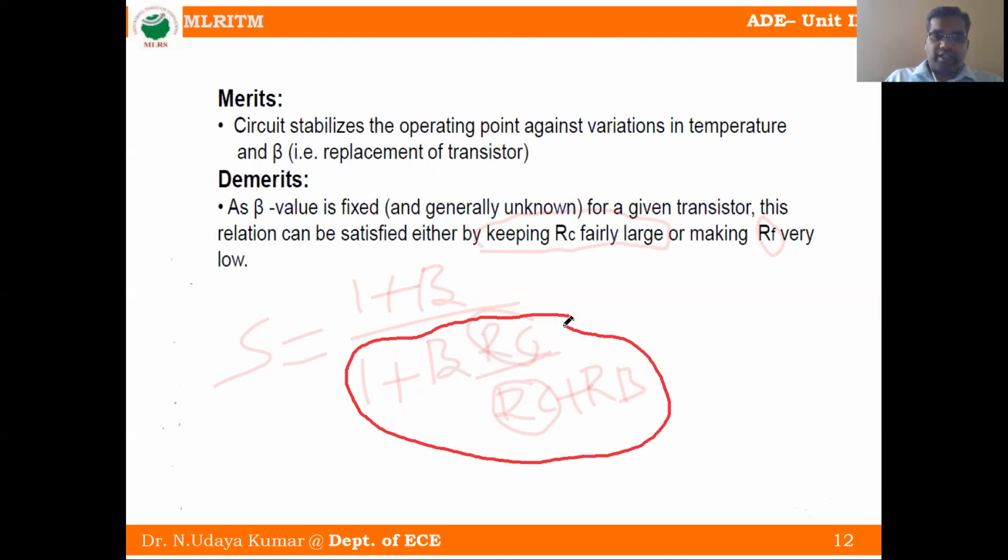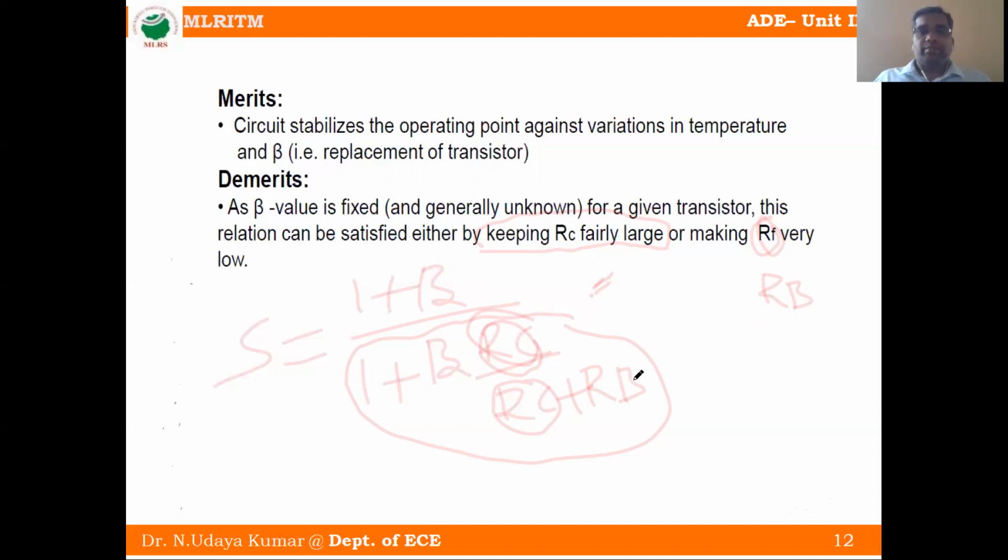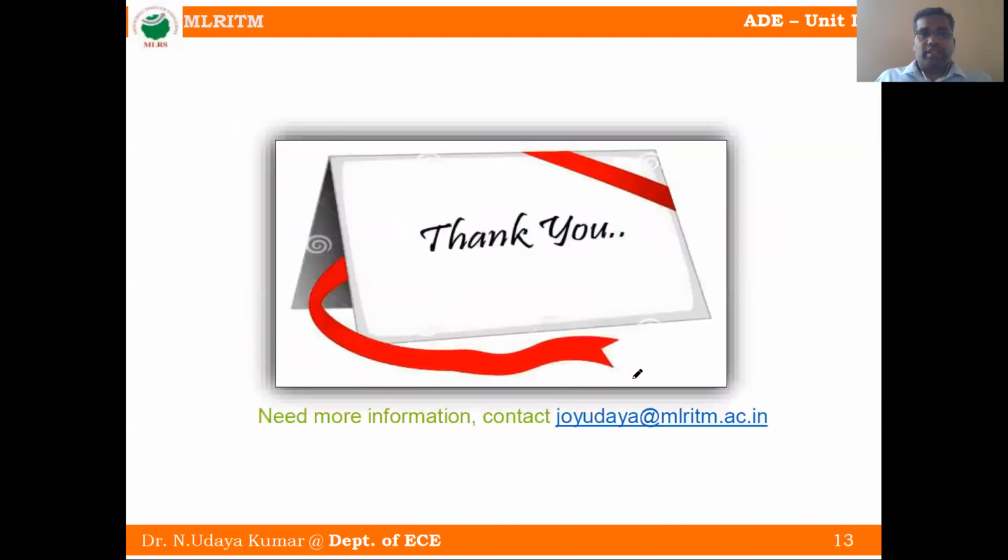If the entire denominator term is large, S is small. So total S small means good stability. Here RF and RB are the same: RF means feedback resistor, RB means base resistor, both are the same. So based on the selection of collector resistance, we get good stability in collector to base bias.